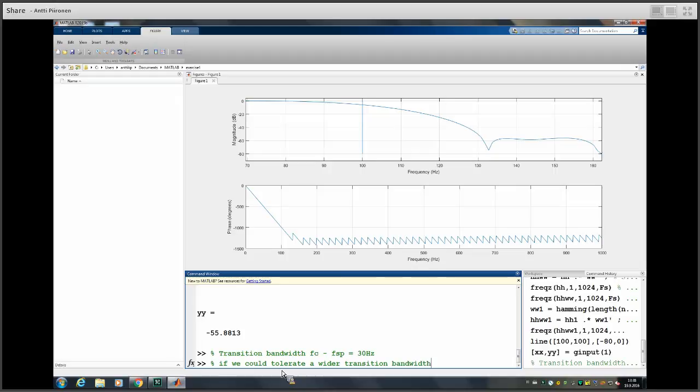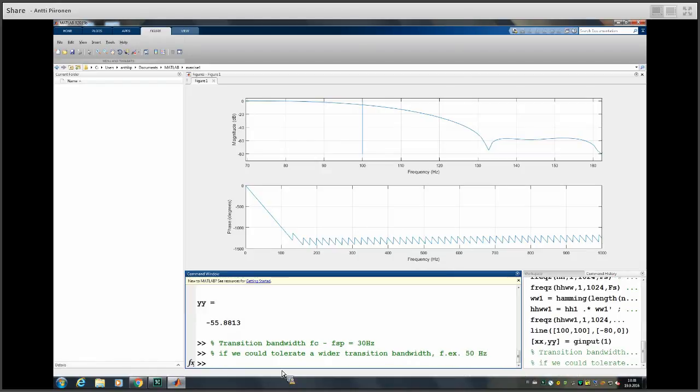For example, say 50 Hertz. It's simple scaling.